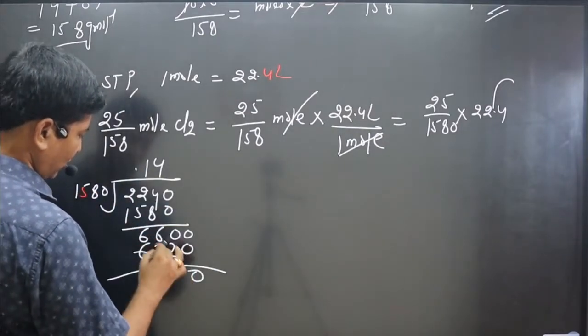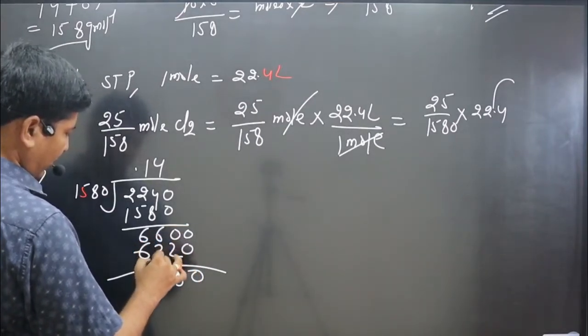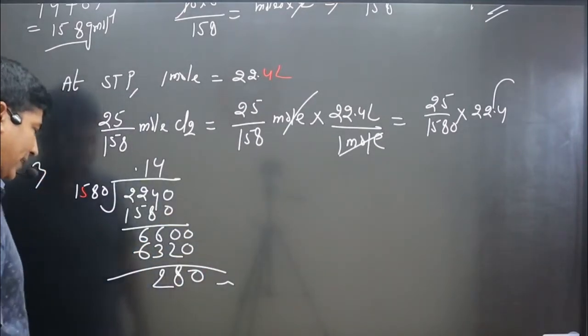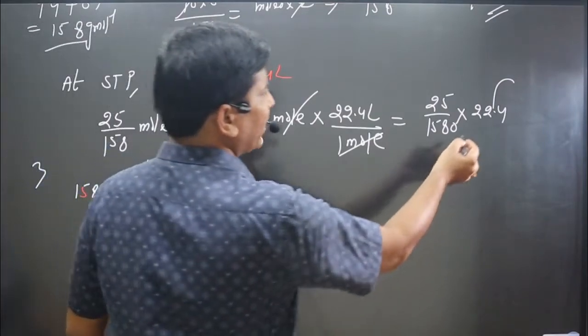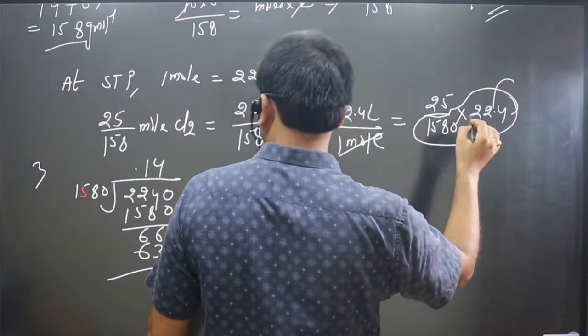Okay, now it is correct. We get 0.1 and so on, and the approximate value we are taking is 0.14.